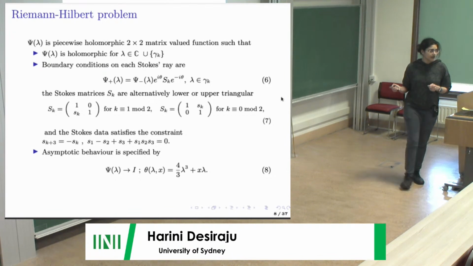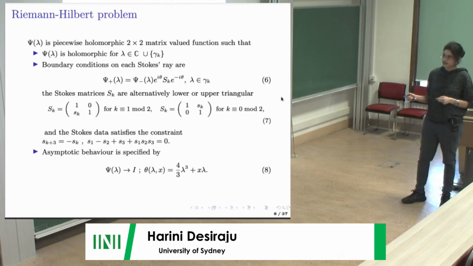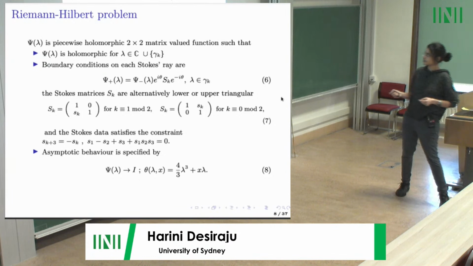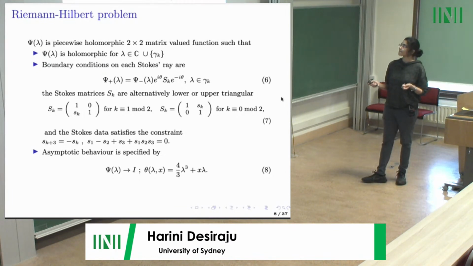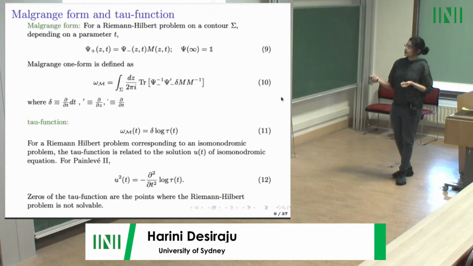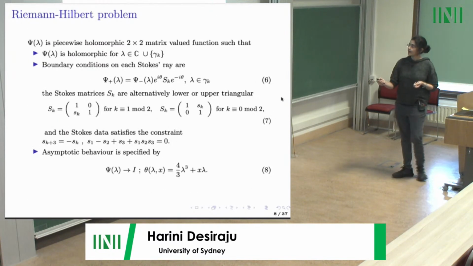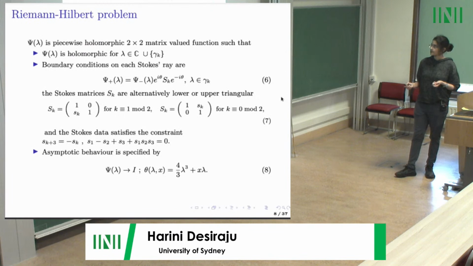So all in all, you have 2 independent parameters, which is consistent with the fact that I have a second order differential equation, and I'm studying the 2 parameter solution family. So we have a constraint, you have 2 parameters, and the asymptotic behavior is such that psi goes to identity. And there is this exponent that plays a very important role.